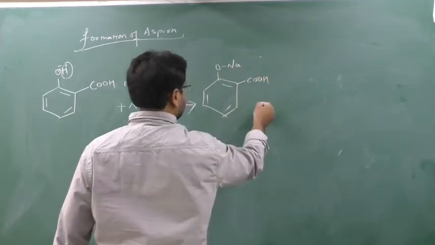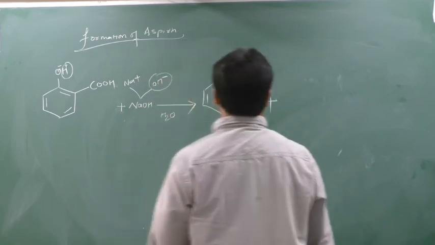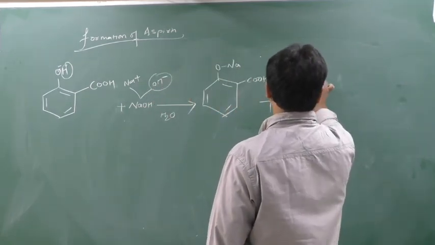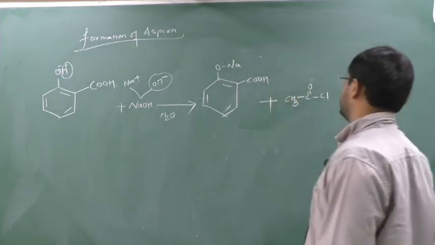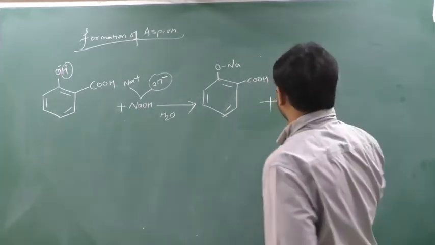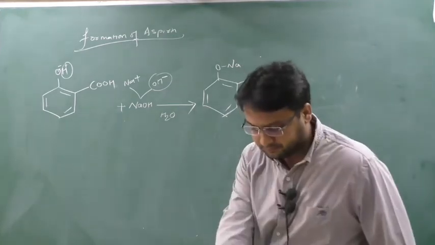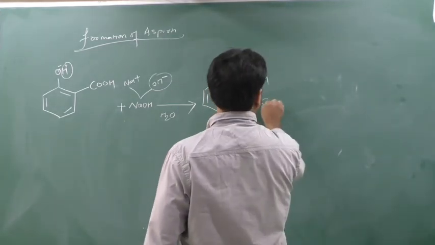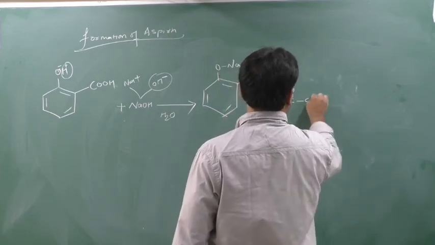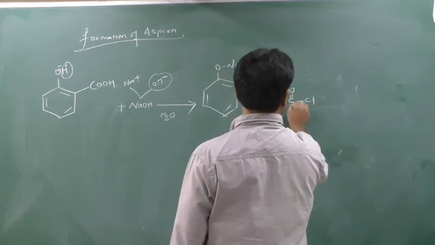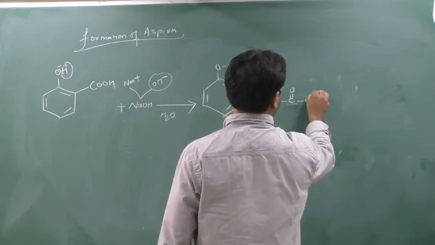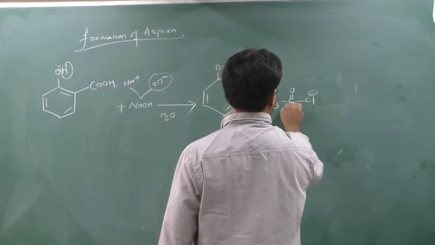COOH. Then you do the reaction with acid chloride, ethanoyl chloride. When you do the reaction with acid chloride, what will happen? The carbon and this chlorine, chlorine being more electronegative, creates a minus charge, and here it will create a plus charge.